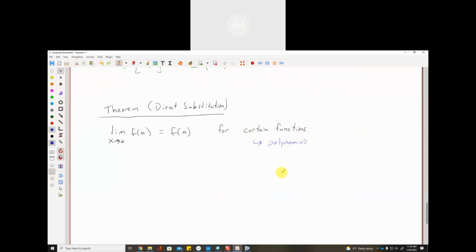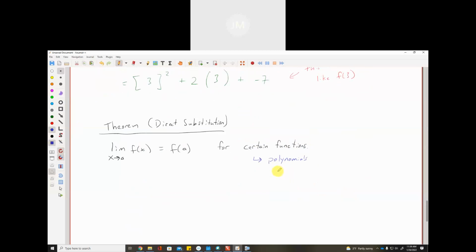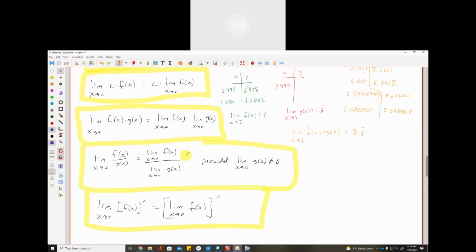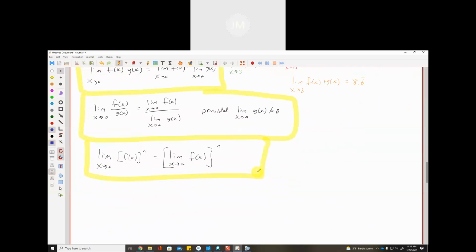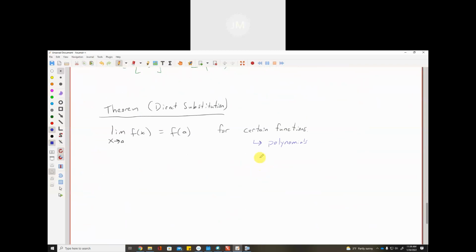Okay, one of my limit laws also said that I can divide functions provided I don't have a 0 in the denominator. So we're going to say this works for polynomials. This also works for fraction functions, or what are called rational functions. Okay, as long as we don't get a 0 in the denominator.